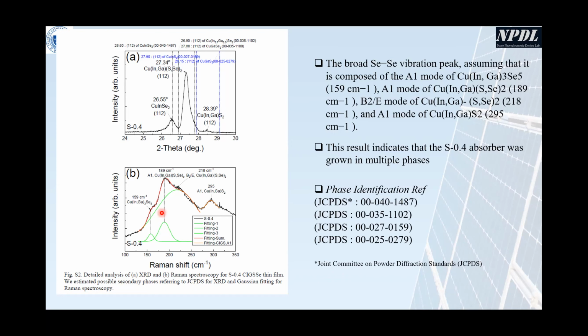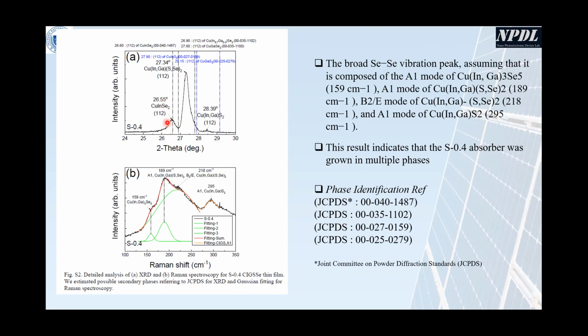Also for the XRD, we see that there is not a single peak, there are several secondary phase peaks. So we confirm that these peaks also arise from secondary phases of the CIGS, such as copper indium selenium or copper indium gallium selenium phases. This is the reference PDF card for XRD confirmation that we studied to confirm where each peak comes from.